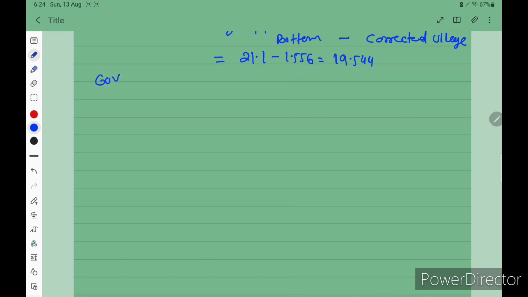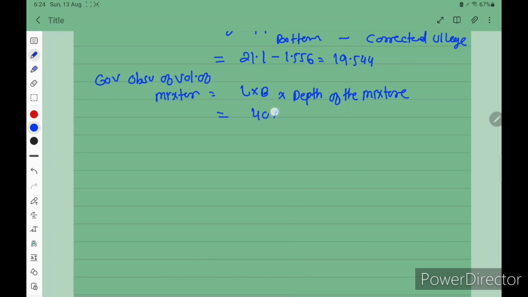So the gross observed volume of the mixture of oil and water is length into breadth of the tank into the depth of the mixture. So 40 into 20 into 19.544, we get the mixture quantity 15635.2 meter cube.